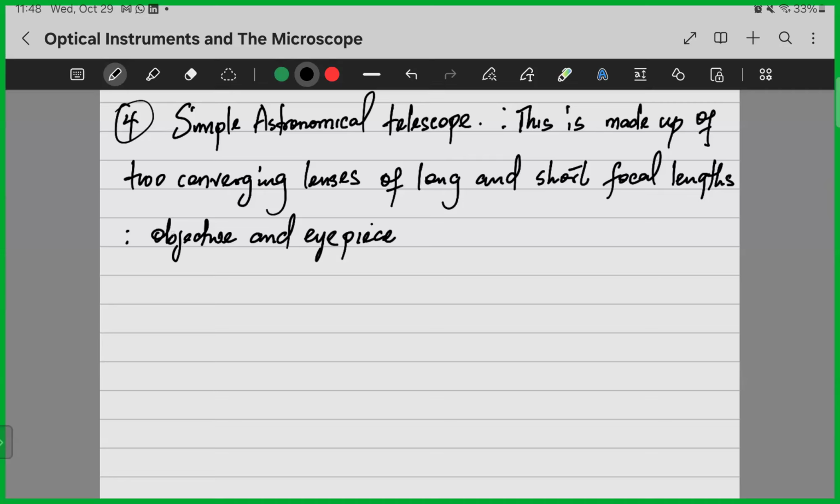Let me make another point. The compound microscope can be used for objects on the earth.